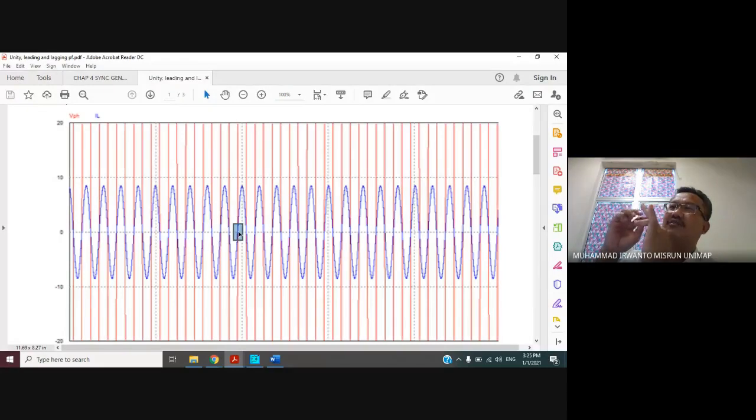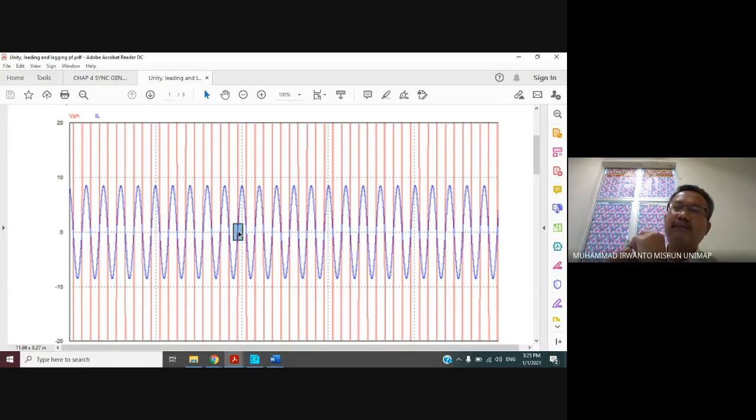What does reference mean? Meaning the phase voltage has the angle of 0 degree. Remember?